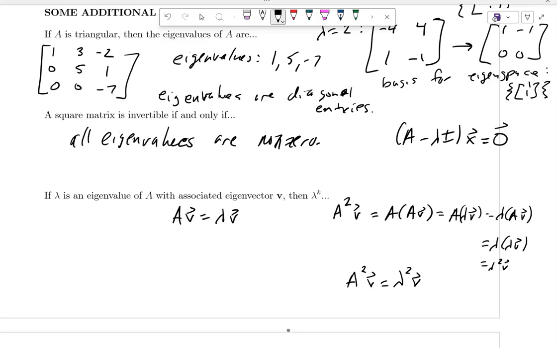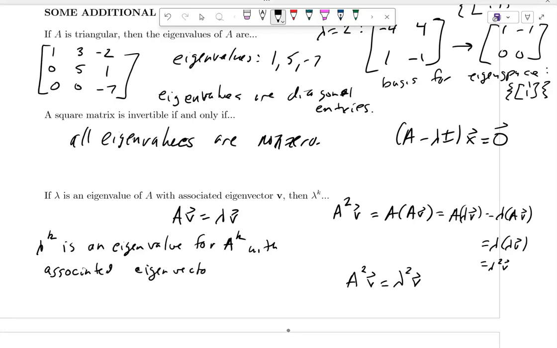So lambda to the k is an eigenvalue for A to the k. Notice the eigenvector doesn't change, with the associated eigenvector v. This is one of the reasons why we care about eigenvalues.